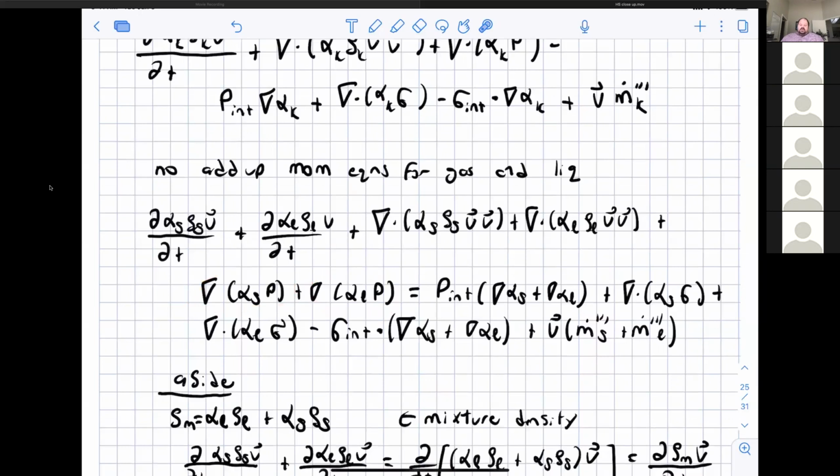And then we have all these interfacial terms to sum up. The interfacial pressure will be the same, so we have just the interfacial pressure times the gradient of the volume fraction of the gas plus the gradient of the volume fraction of the liquid, plus the viscous terms for each phase, plus an interfacial shear stress term, and plus a momentum exchange due to phase change.